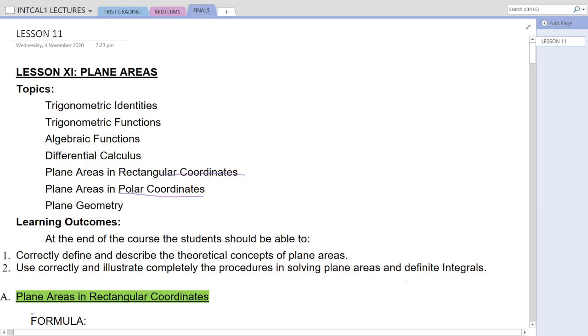So for our previous lessons, those are all indefinite integrals, meaning that they have no limit. So that is in terms of x, in terms of y, and so on. So for definite integrals, the limits already are given. So our answer will be in terms of square units, or for the volume, that is in cubic units, and the same with the length of a curve, that is in units also.